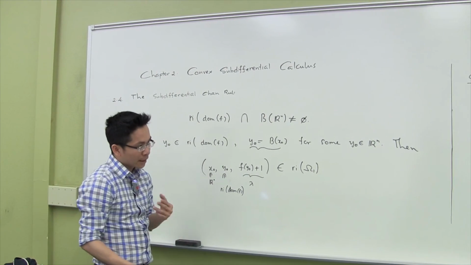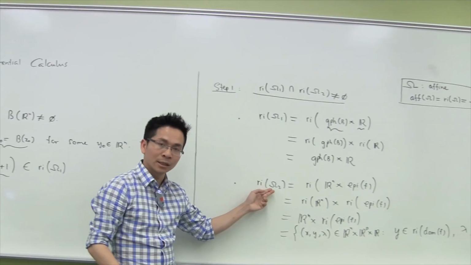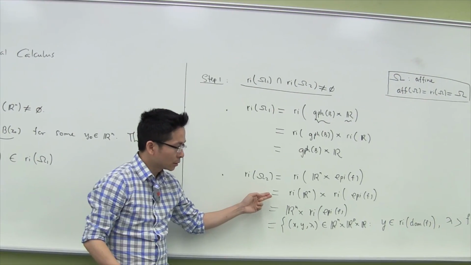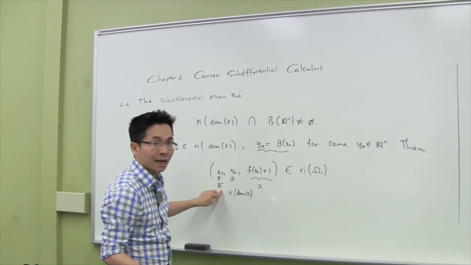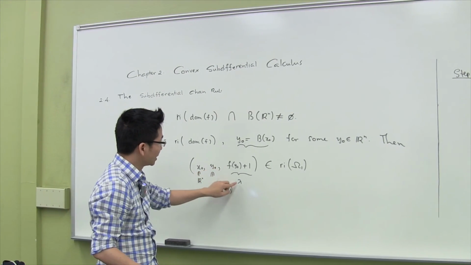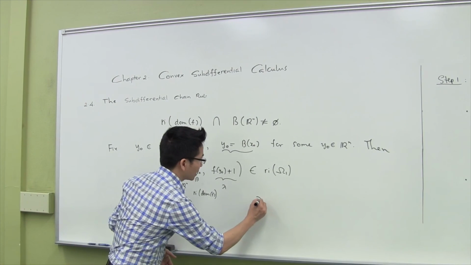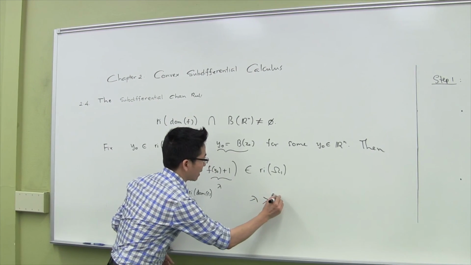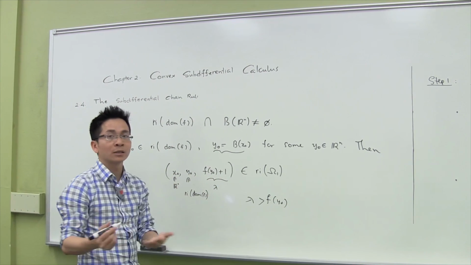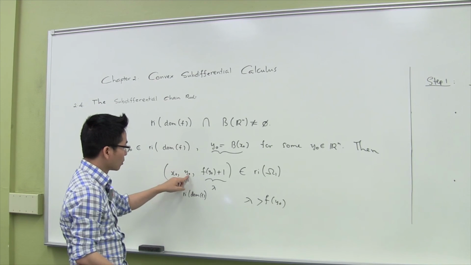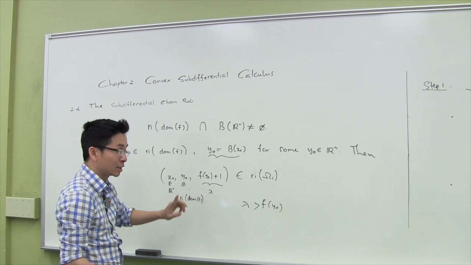Now, if we look at the formula for the relative interior of omega 2, here x0 is any element in Rn. This element lambda satisfies the following condition: lambda is strictly greater than f of y0. This is true because lambda is just f of y0 plus 1, while y0 belongs to the relative interior of the domain of the function f.